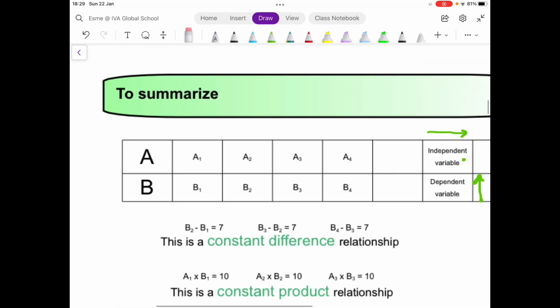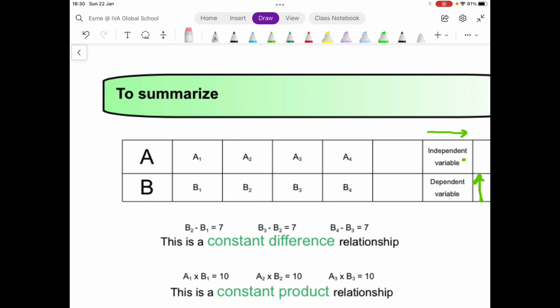A constant product, you're going to say A1 times B1 will give me 10. A2 times B2 will give me 10. That multiplied by that, so I'm multiplying each time and I will get a value of 10. That is a constant product relationship.